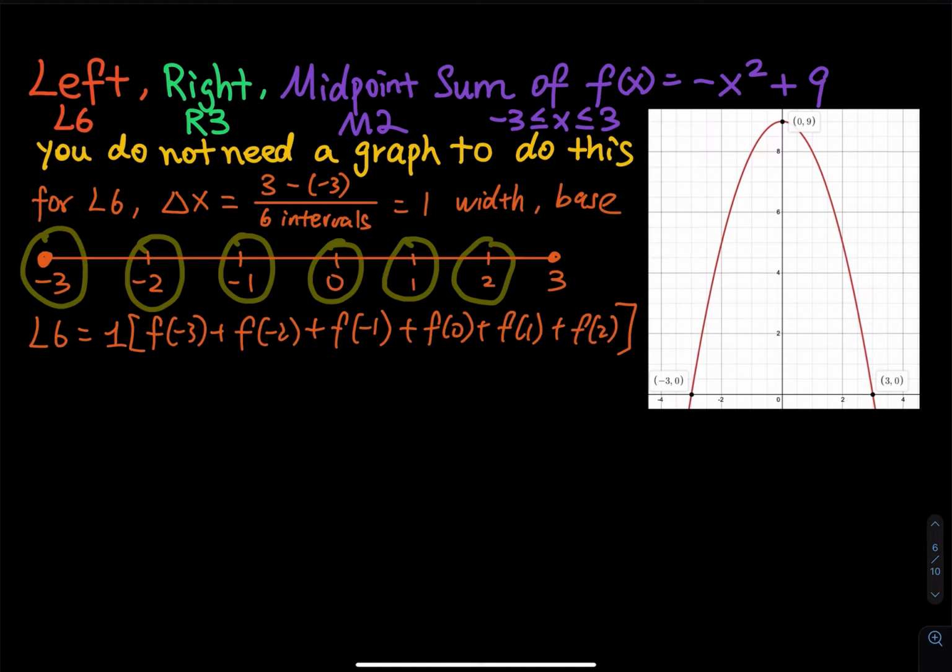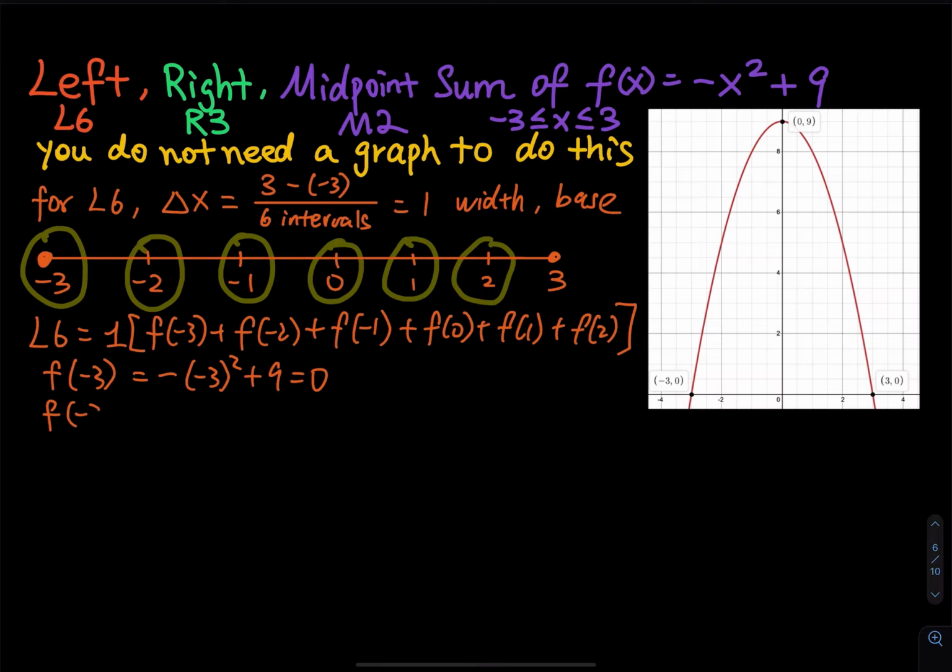And then how do we get f of negative 3? We don't even have a table of values, and you don't need one. This is a function evaluation, which you studied back in intermediate algebra. So when x equals negative 3, you plug in: you have negative 3 squared, be aware of the parentheses, plus 9, so this equals 0.